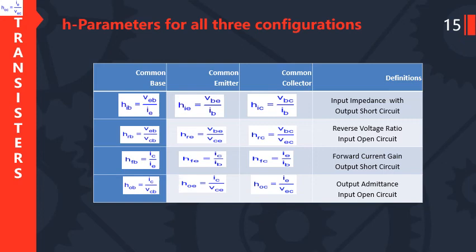Finally, the output admittance in common base HOB is equal to IC divided by VCB, HOE is equal to IC divided by VCE in common emitter, and in common collector HOC is equal to IE divided by VCE. So these are the values for H parameter in different configurations of the transistor, meaning common base, common emitter and common collector configurations.